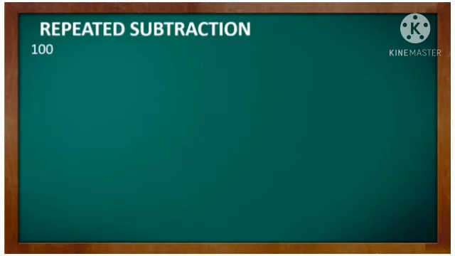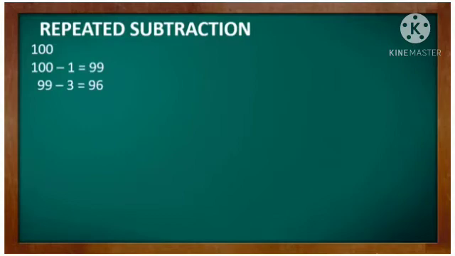Consider this number 100. We want to find the square root of this 100 by repeated subtraction. The steps we need to follow: subtract one by one the successive odd numbers from this 100.